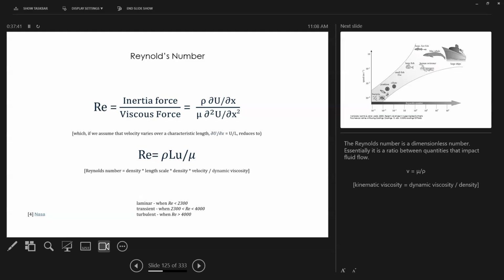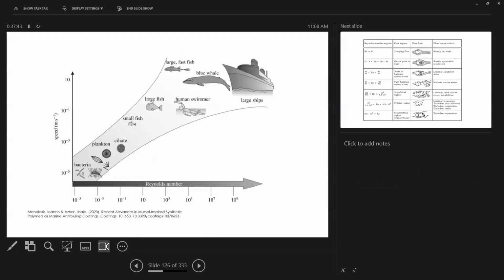Those things give you characteristics of the flow. So a large ship has a certain Reynolds number, and a small fish has a certain Reynolds number, and a swimmer has a certain Reynolds number. If you want to make a model that matches the flow characteristics of a big thing, you have to match the Reynolds number or one of the other similarity parameters.